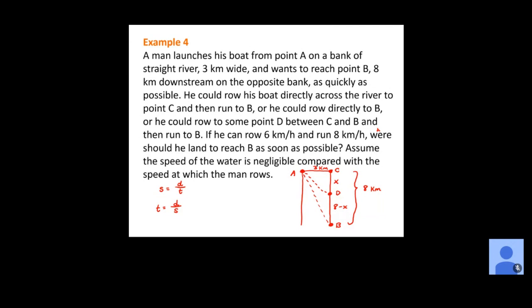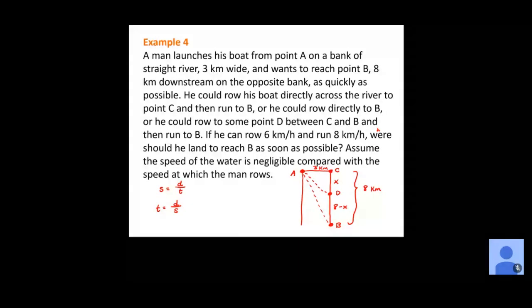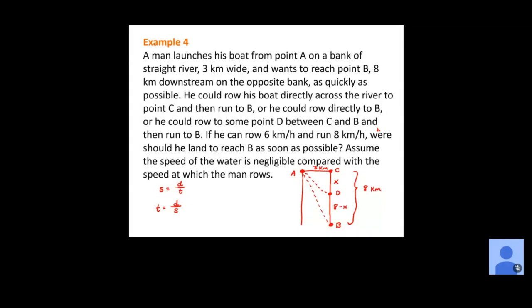Now, all we really need to know at this point then is how far is it from A to D? So how could we find that distance now from A to D? It's a right triangle, right? So we have a right triangle right here. So we can use what to find that distance from A to D?